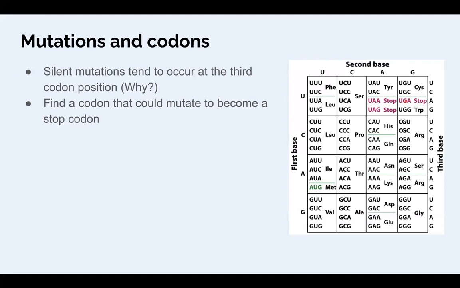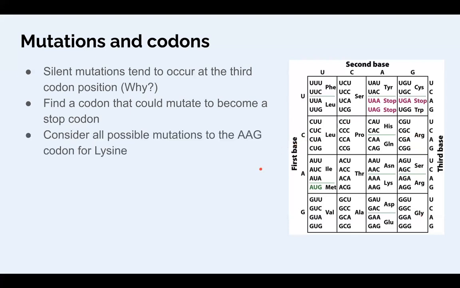And then moving down, UGA, CGA, AGA, GGA, these are 4 codons coding arginine and glycine that could mutate to become that. So for every one of these stop codons, you can look across, up and down, and see where the changes could happen to produce those new stop codons.